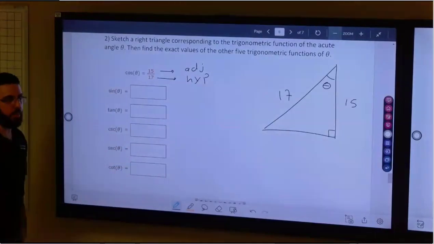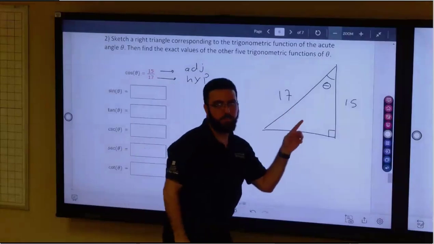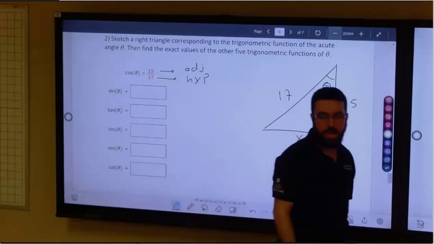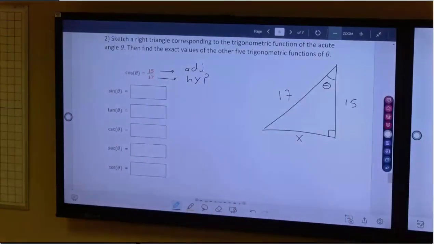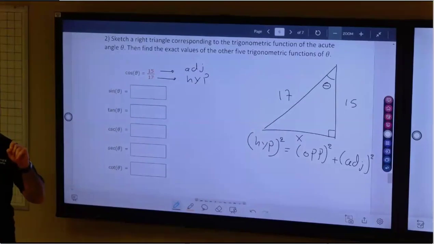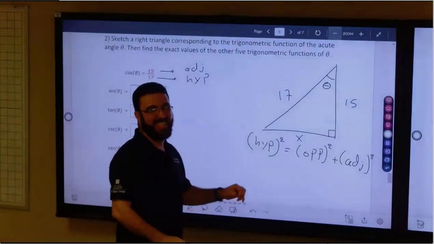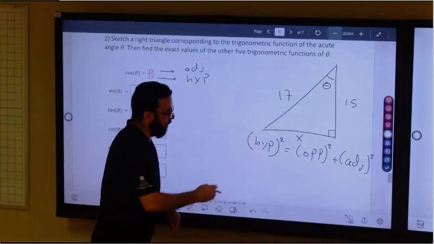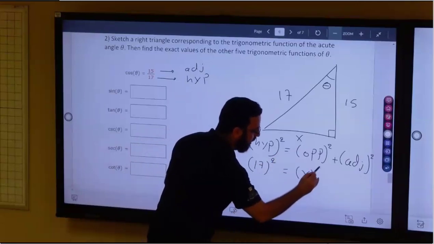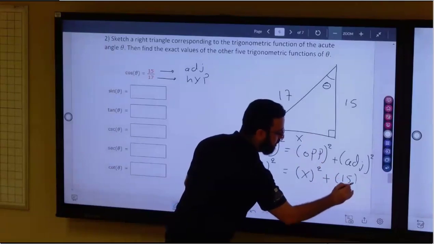So in this case, you're going to use the Pythagorean theorem to find the opposite side, let's say X. Go ahead, find the X. I have 17 squared, and I have X squared plus 15 squared.